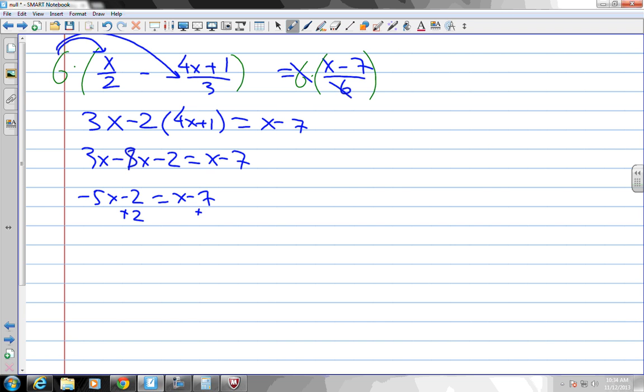Add 2 to both sides, subtract x from both sides, gives us negative 6x equals negative 5. And divide both sides by negative 6, x equals 5/6.